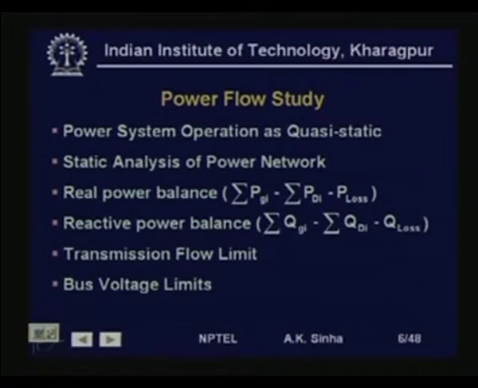We use the equation of real power balance, that is, the total generation in the network is equal to the demand plus the losses, that is sigma P g i minus P d i, this is the demand, and minus P loss, the losses in the transmission system. This must be valid for the network.